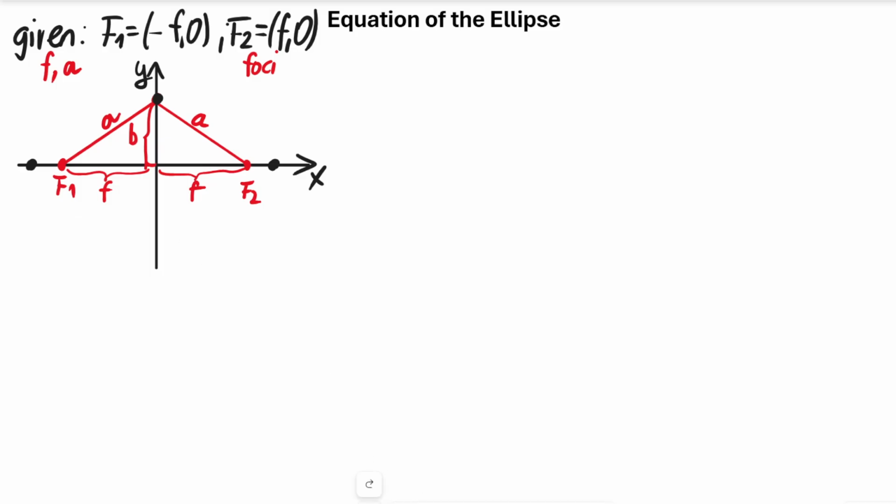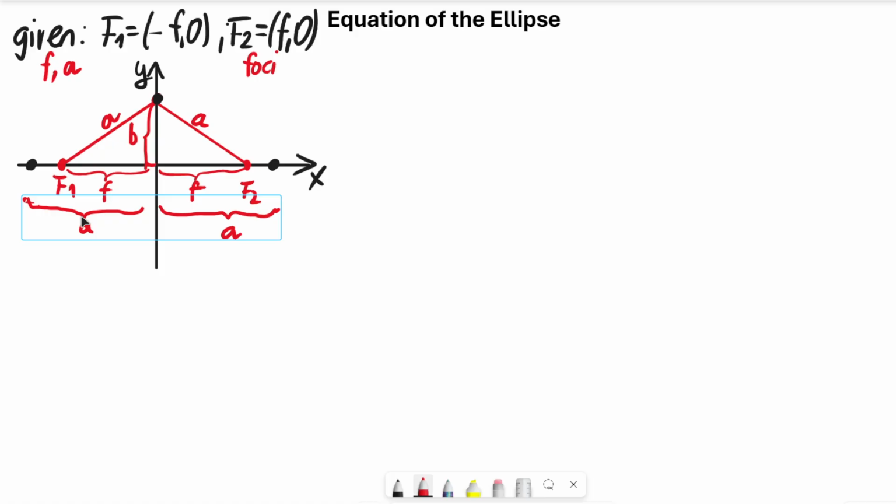Let's use the red color again. So here it is a, and also to that one it is also a. If you, for example, consider this left point, you have to focus F2 a plus f distance, a plus f, and to focus F1, you have a minus f.